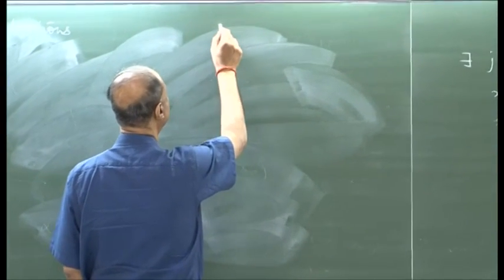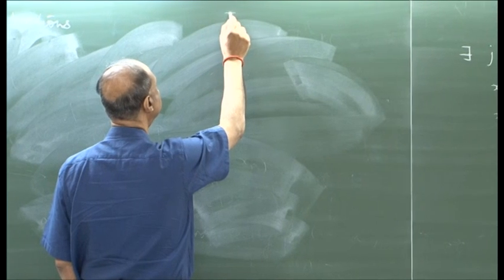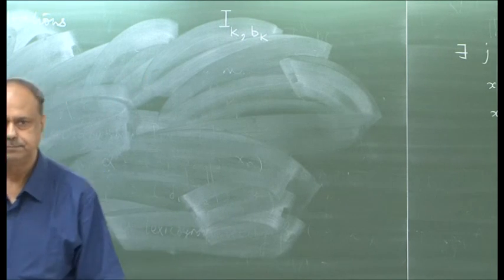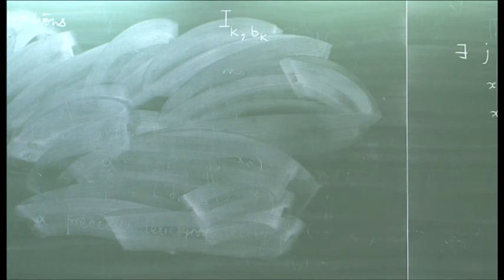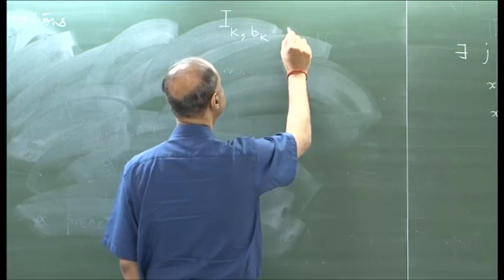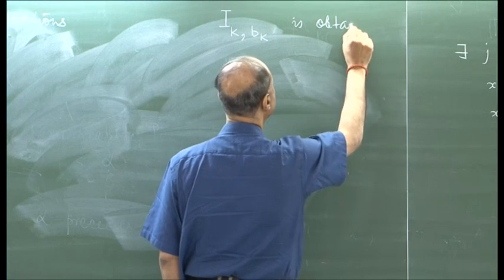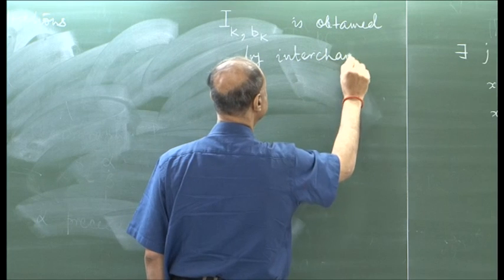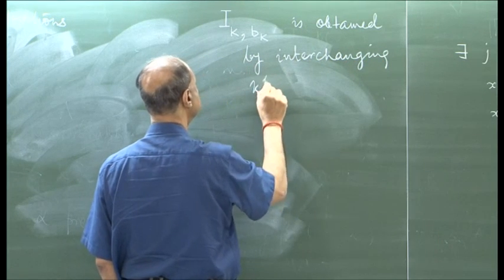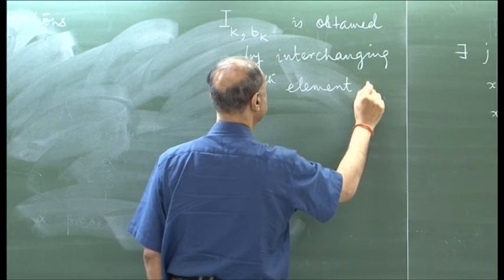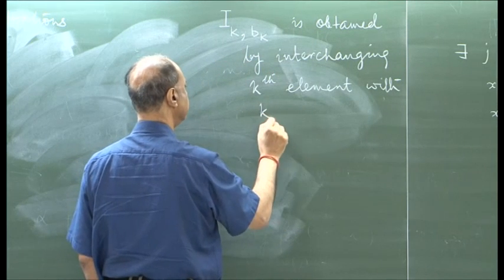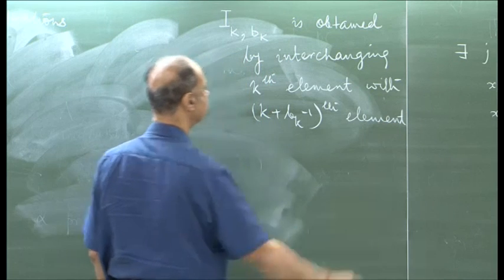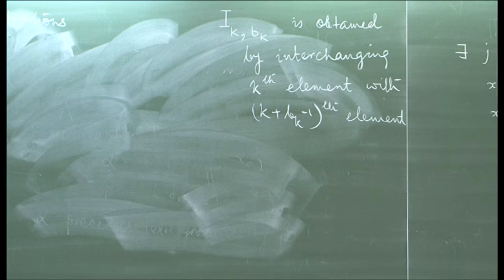So let us define first a term I_k(b_k). I_k(b_k) is obtained by interchanging the kth element with the (k plus b_k minus 1)th element.